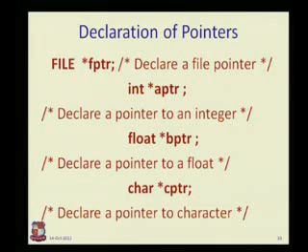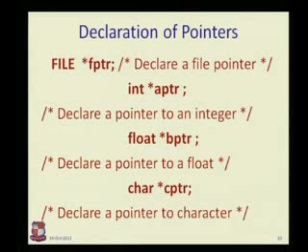See, these are the examples of a pointer. First one is FILE star fptr. That means it is declaring a file pointer named fptr. Now it is different from an integer. If I declare an integer, it will be simply FILE fptr. But if I declare a pointer, I put a star before fptr.